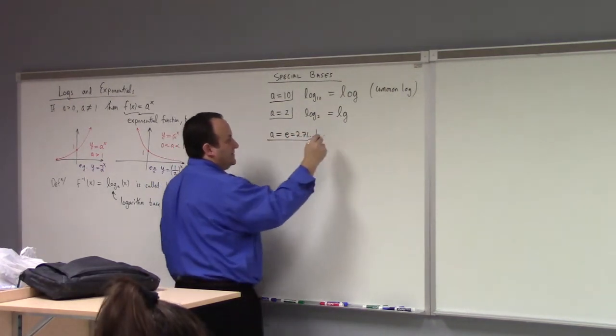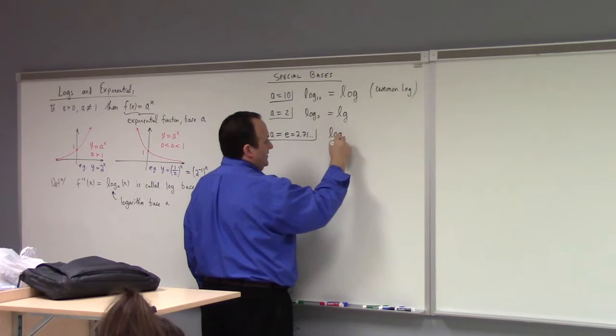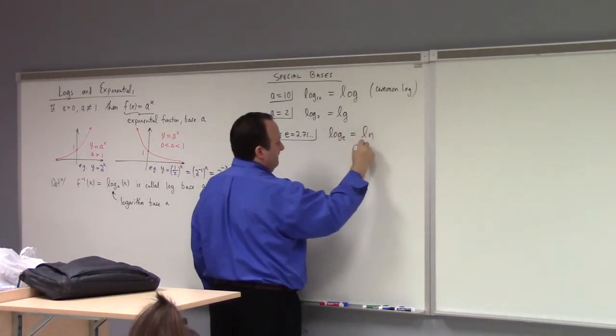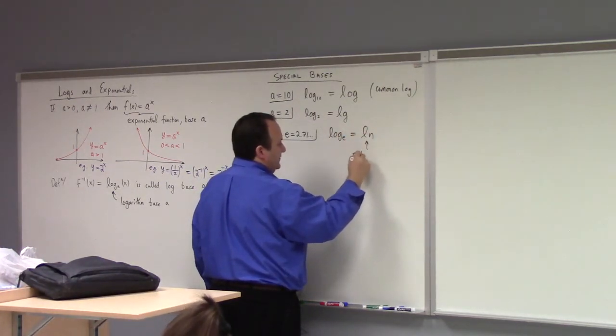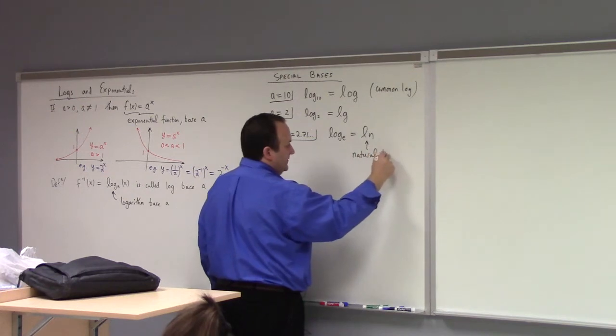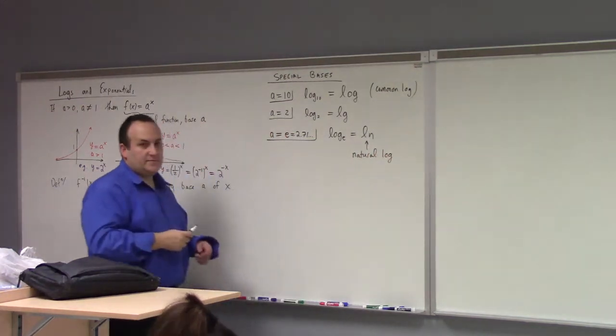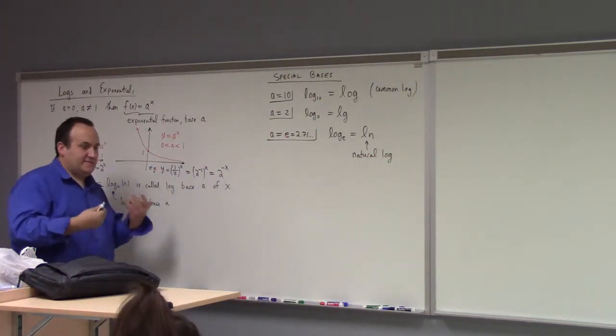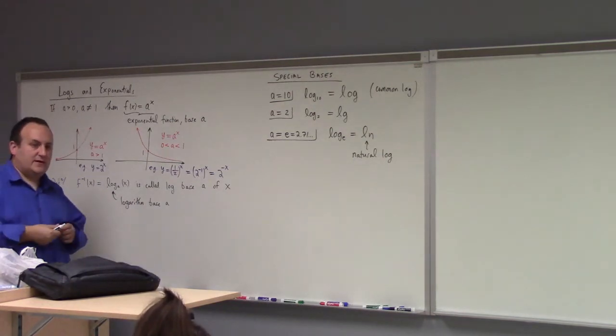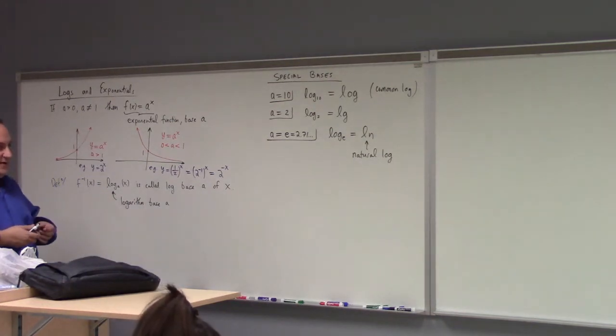All right, in that case, we call log base e the natural log. So more often than not, you'll find me using natural log in here to solve problems. If there's no preferred base on the basis of the problem, I'll almost always defer to natural log.